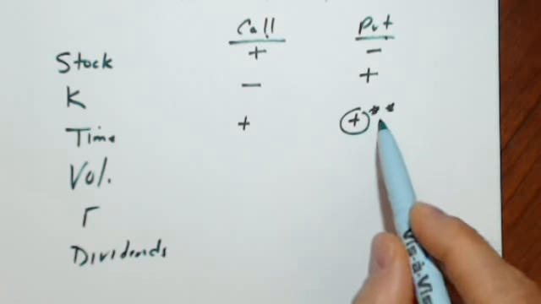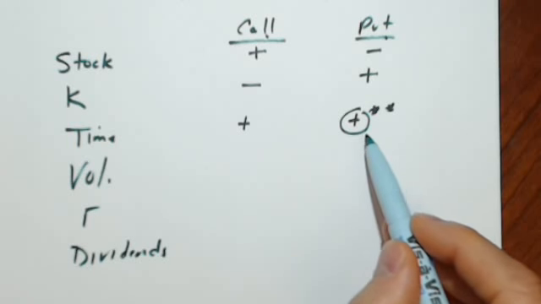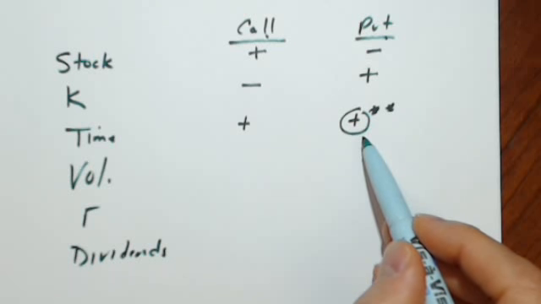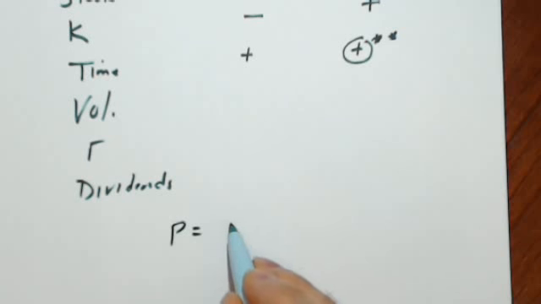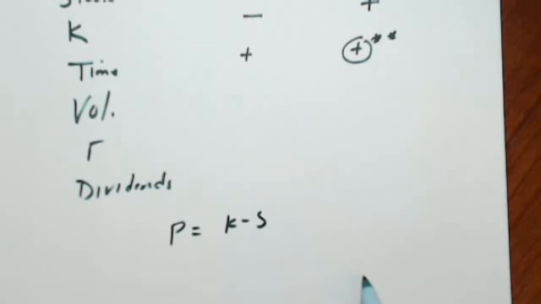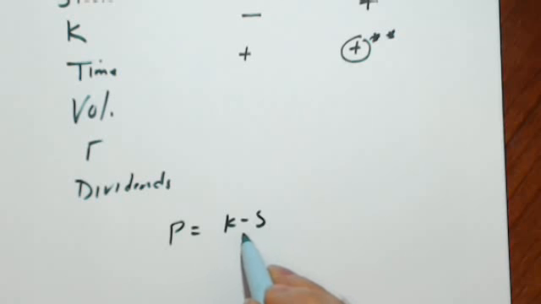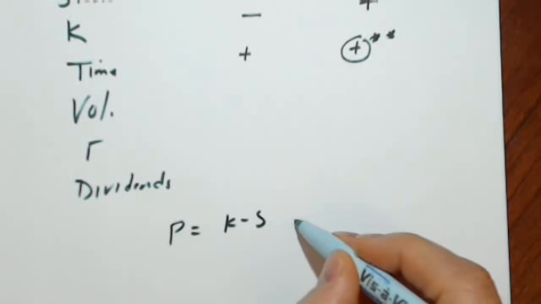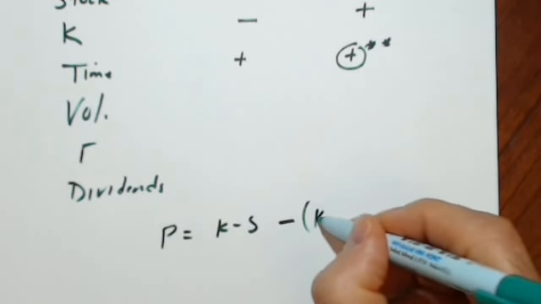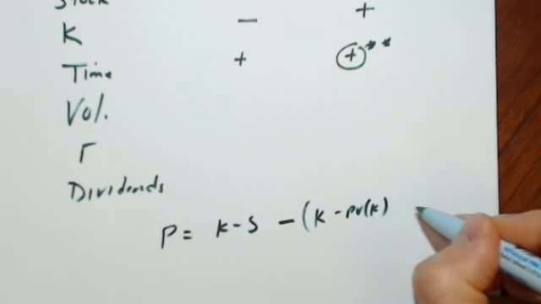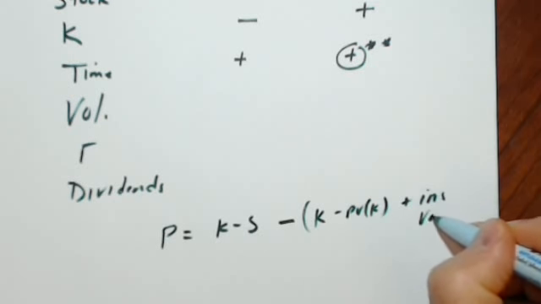When you hold a put, it delays you receiving the strike, which counts against you in terms of time value. We saw that when we looked at a put and said, the put has an intrinsic value worth K minus S, as long as that's positive. And we saw that there was minus a time value, and that time value is K minus the present value of K, plus an insurance value.